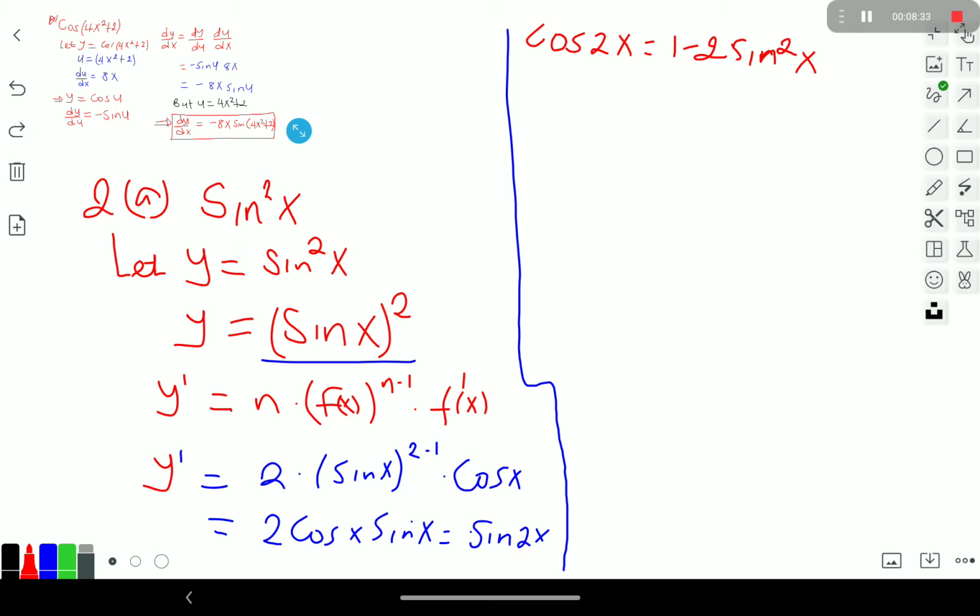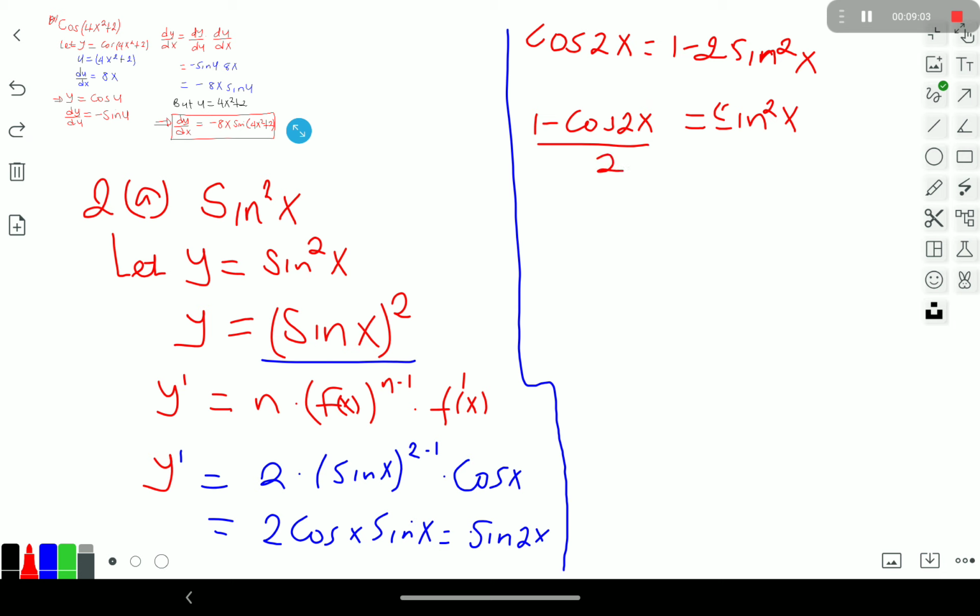From the double angle formula, we can get sin squared x is the same as 1 minus cos 2x, the whole of it divided by 2.